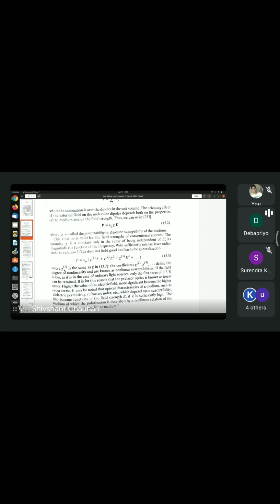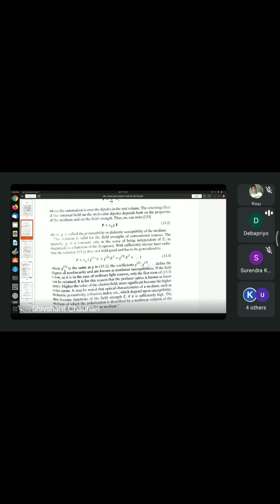In other words, the expression for Pi should be epsilon 0 into the sum over j of chi 1 ij times Ej plus the sum over jk of chi 2 ijk into Ej Ek plus something like this.